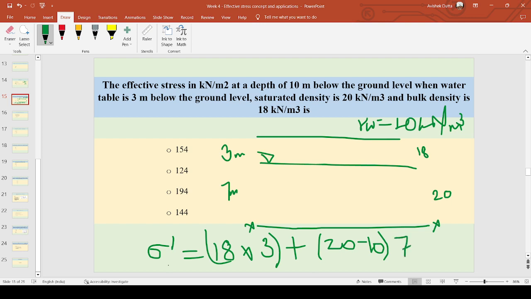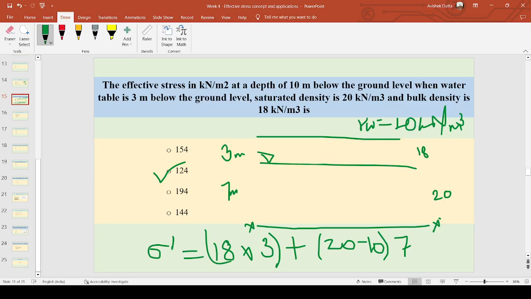So 18 into 3 is 54, 54 plus 70 gives us 124. That is in kilonewton per meter square, it is 124. This is the effective stress at this level, XX dash, 10 meter below the ground level.